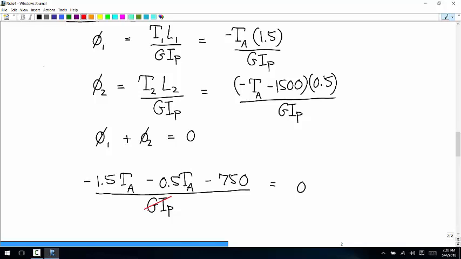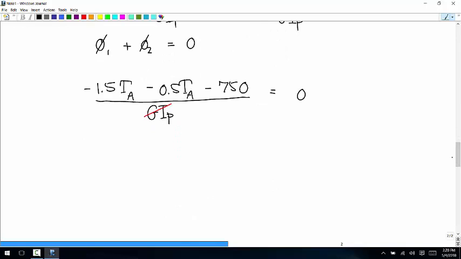And you can multiply both sides by G I sub P. And you get that negative 750 is equal to 2 torque A. So the external torque A is equal to negative 375.